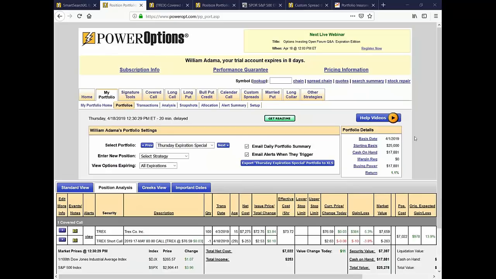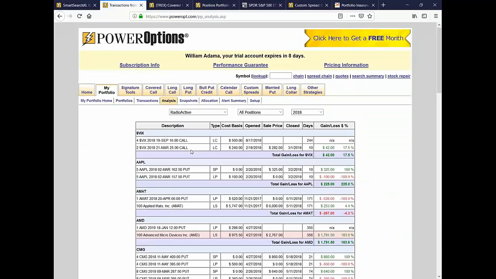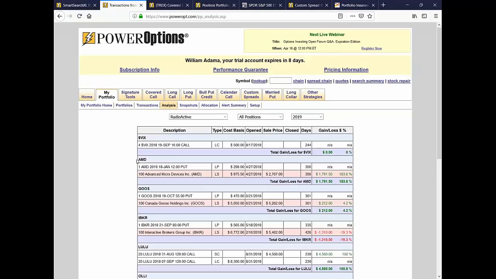I'm sorry, was it Tom? Tom, I'm sorry. Tom said, back on that portfolio, let me go back. Analysis, 2019, I think. This was the view I think we were looking at. There it is. It says, back on the view, you show a VIX position. I didn't put the closing price in on it.